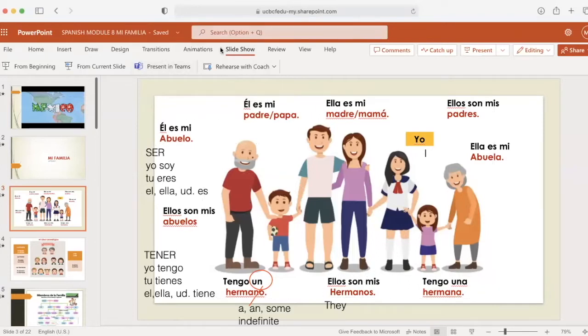The conjugation is? What's the conjugation now for ellos? Ser, ellos, son. Okay, and in English, that is they are, right? Mis now is my. And of course, hermanos here, what do we mean by hermanos?